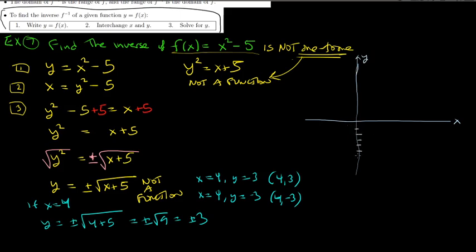Right, and we can draw the original function. I'm going to exaggerate a little bit here. Well, not much. Right. So the original function, right? x squared minus 5. It's obviously just x squared shifted down 5 units. So, oops, missed that.